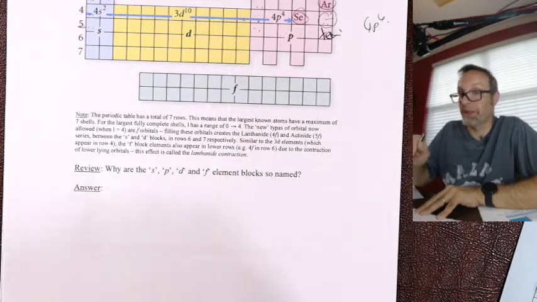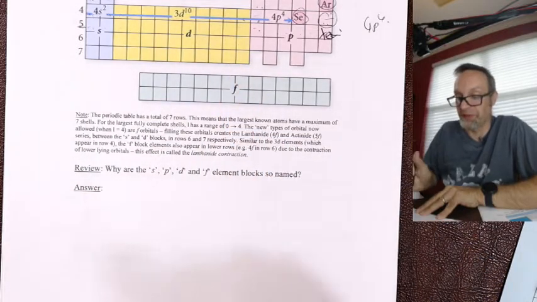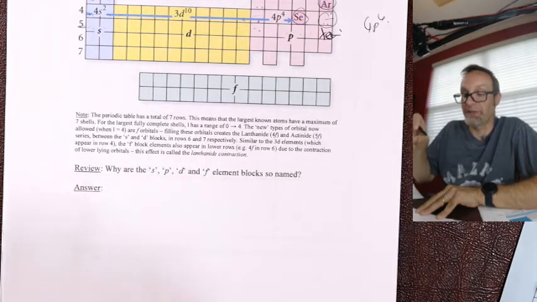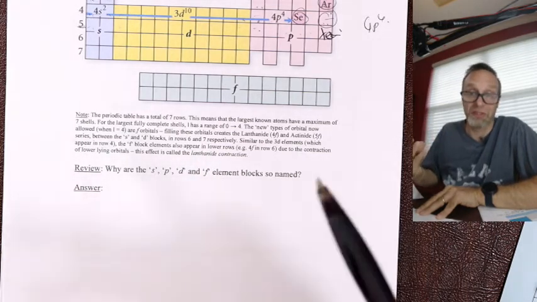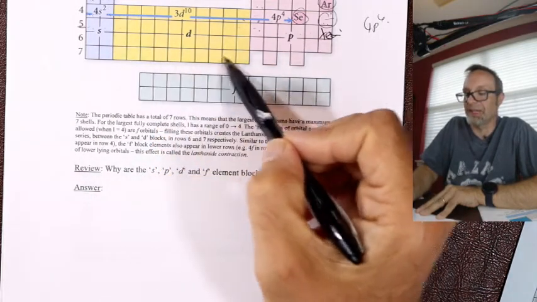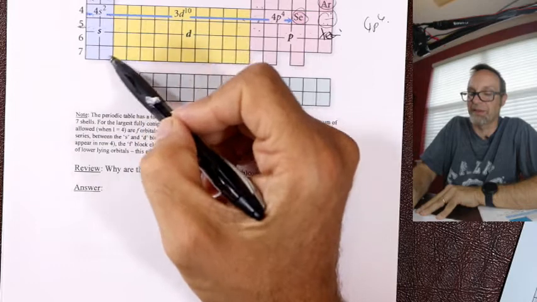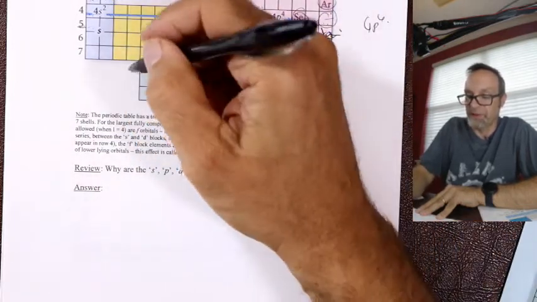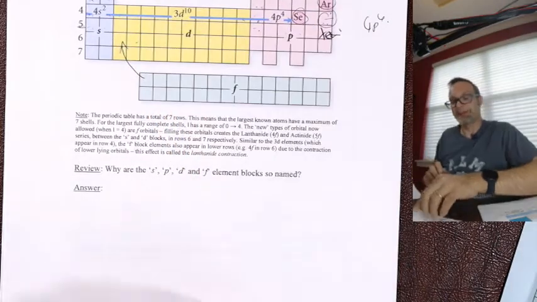So wherever the last electron goes, whichever block it's in, that's what defines it as an element, right? So S, P, and D are so named because the elements' last electrons are there, and that's their position if you think about it in the periodic table. So anything in the center region is a D block element, anything in this left two is an S block, anything in here is a P block. And if you look at the old periodic table, there's actually a little arrow that points there.